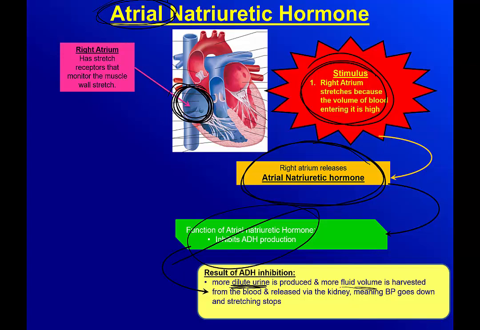In other words, there's more fluid volume harvested from the blood. It's released via the kidney, meaning my blood pressure starts to go down. That fluid volume, that extra volume that I had that overstretched my atria, I'm getting rid of it. Eventually that stretching stops. When the stretching stops, I stop producing atrial natriuretic hormone.